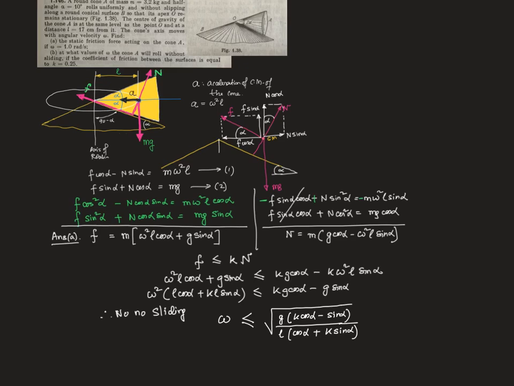That is just a bit of simplification. This term you can write as g by L and divide by cos alpha. So you get (k minus tan alpha) divided by (1 plus k tan alpha).